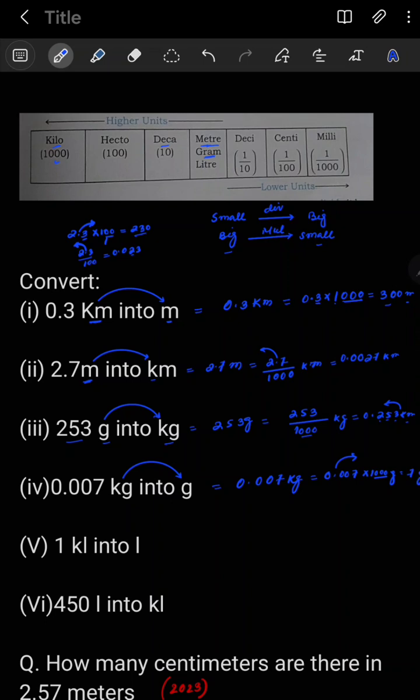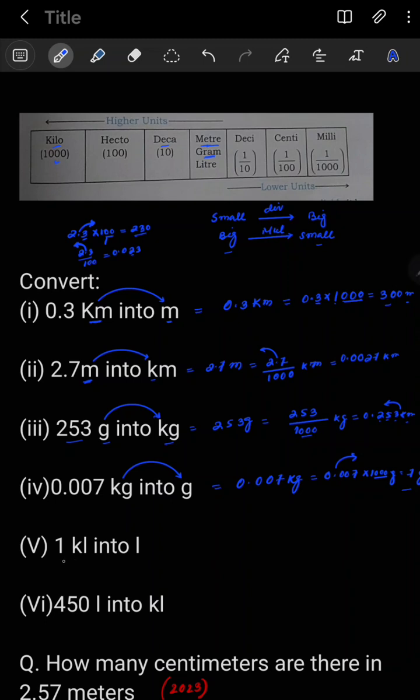So 0.007 kg is equal to 7 gram. So like that you have to convert. Remember it, if it is 1000 you have to move 3 houses, if it is 100 you have to move 2 houses, if it is 10 move only 1 house. So like that you have to simplify.